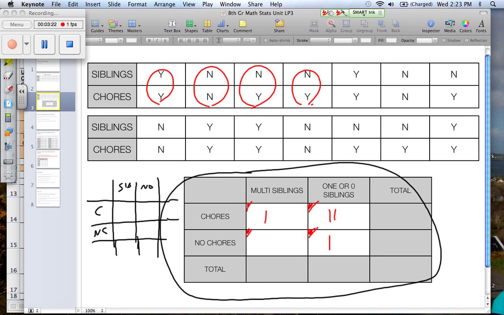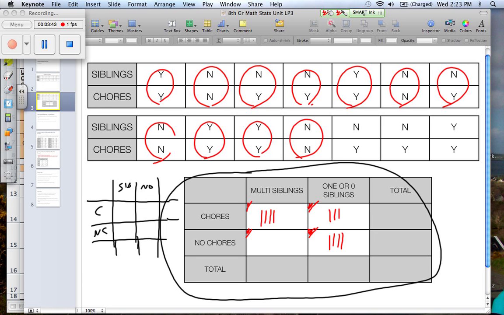So please complete your frequency table as I complete mine up here. It's always nice to write the numerical value of your checks.